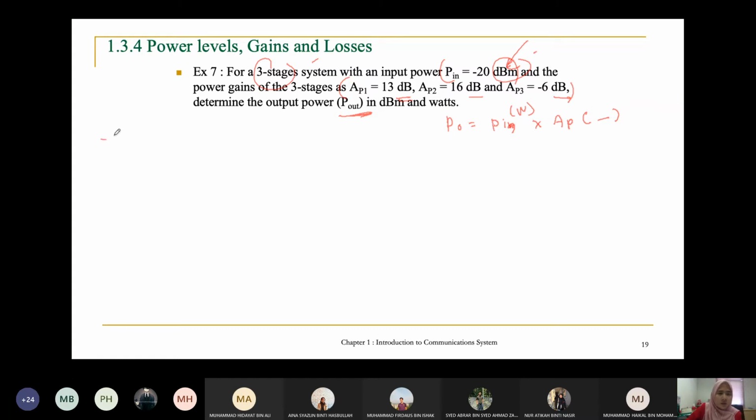So negative 20 is equals to 10 log P in divided by 0.001. Can anyone calculate for me P in? P in equals to?